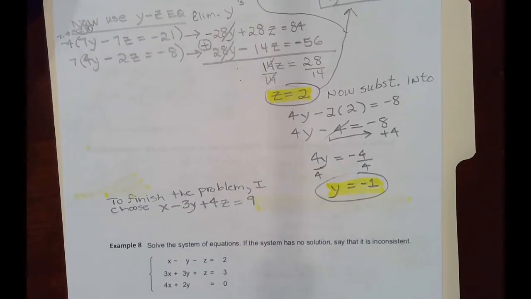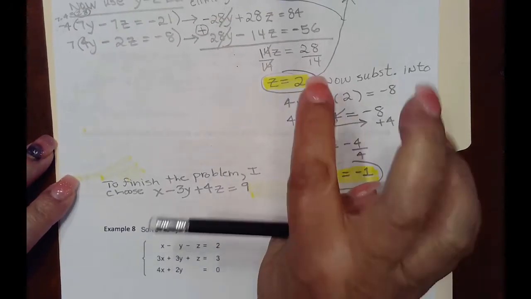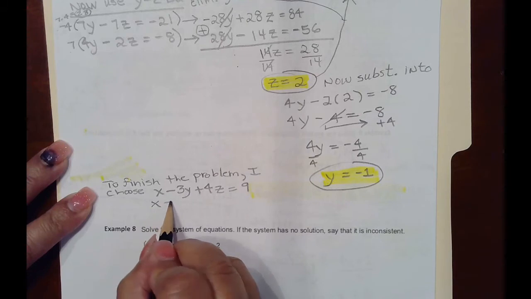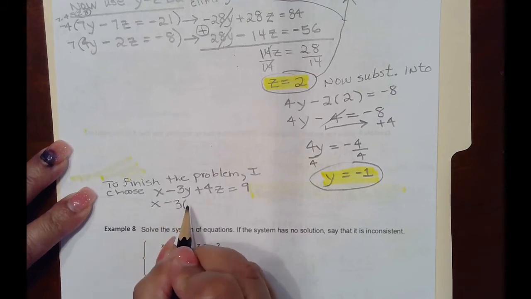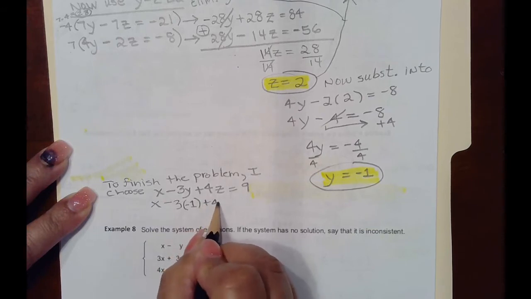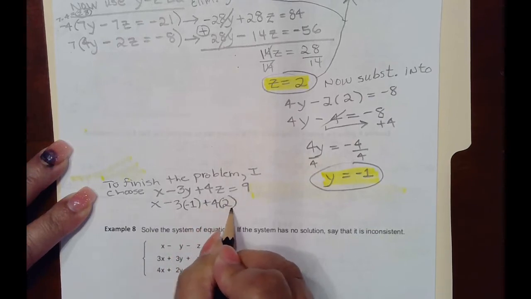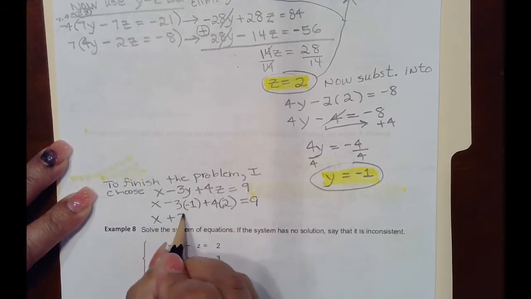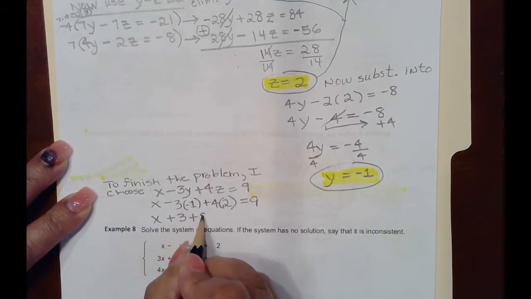So there's the equation that I've chosen. I already know that z is 2 and y is negative 1. So this is going to allow me to find x. Y is negative 1. Z is 2. So I'm plugging in these values that I already know so that I can get x. So this would be x plus 3 plus 8.